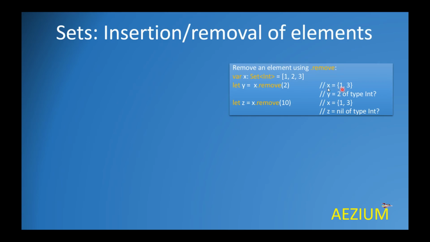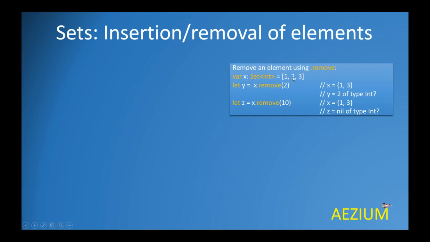So this would be the contents of x after this operation. What this returns is the element which was removed from the set, in this case 2, and the value is assigned to y.